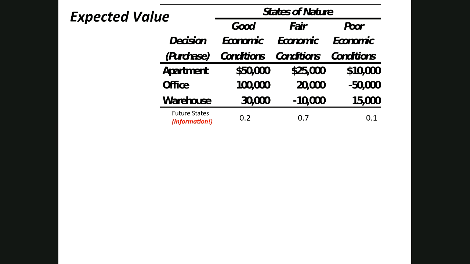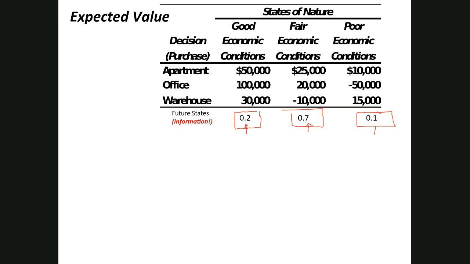We know from among these three future states of nature that there is a 70% chance that the economy will be fair, which is most likely. But there's also a 20% chance that the economy would be good, and a 10% chance that the economy would be poor.